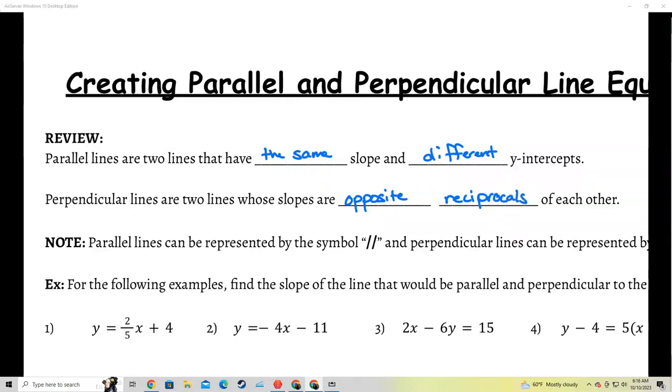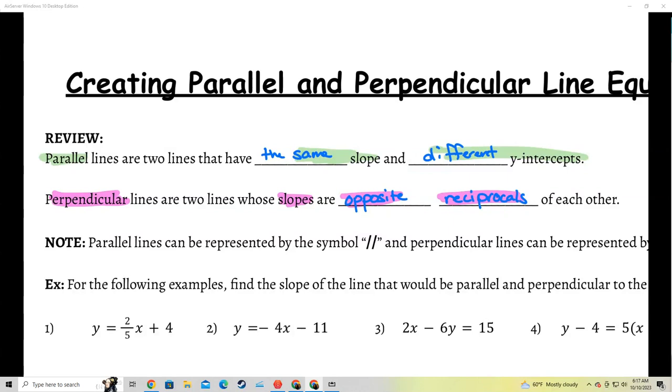Remember, for perpendicular lines, two things need to happen, right? You need to switch two things. You need to switch the sign and you need to switch the fraction. So let's go ahead and highlight a couple of those. Parallel lines need to have the same slope, different y-intercepts. For perpendicular lines, we need to have slopes that are opposite reciprocals.